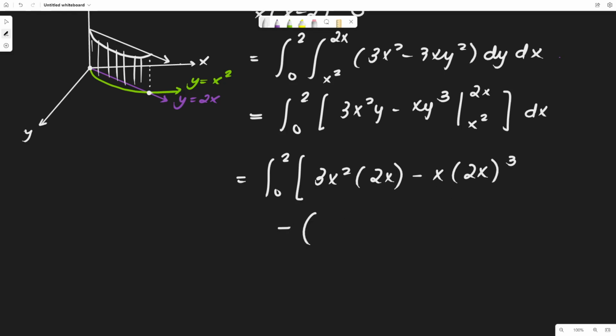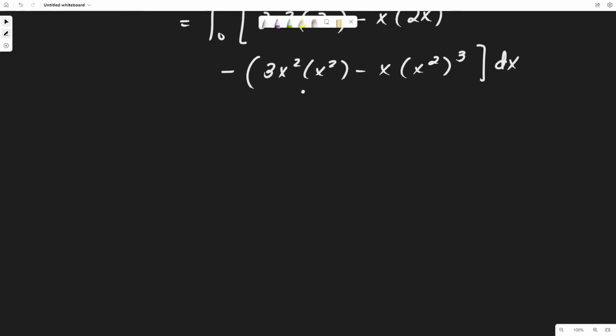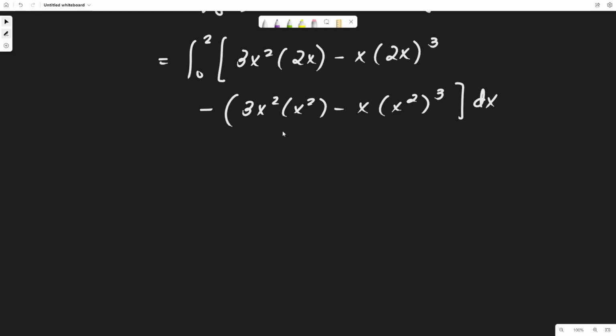Minus, no? Palitan naman natin ng x squared times x squared minus x times x squared cube dx. Tapos let's simplify. So let us simplify.